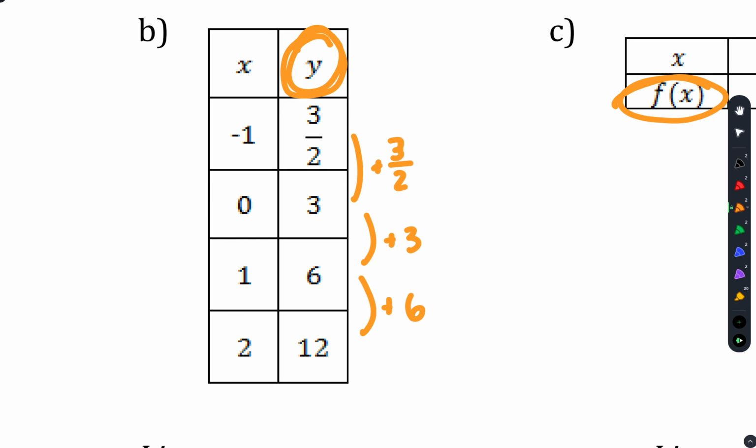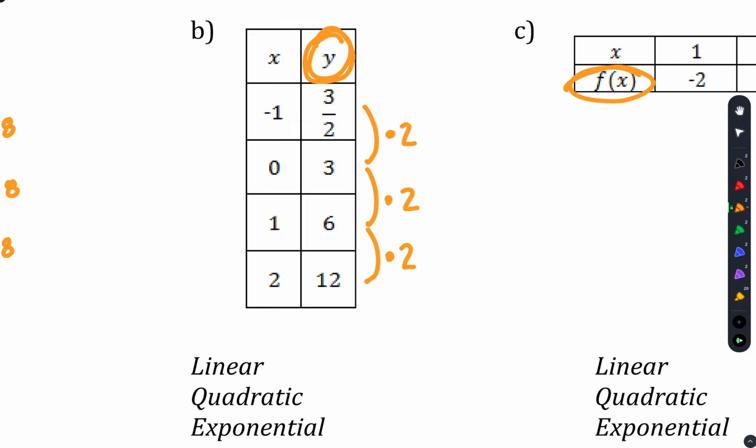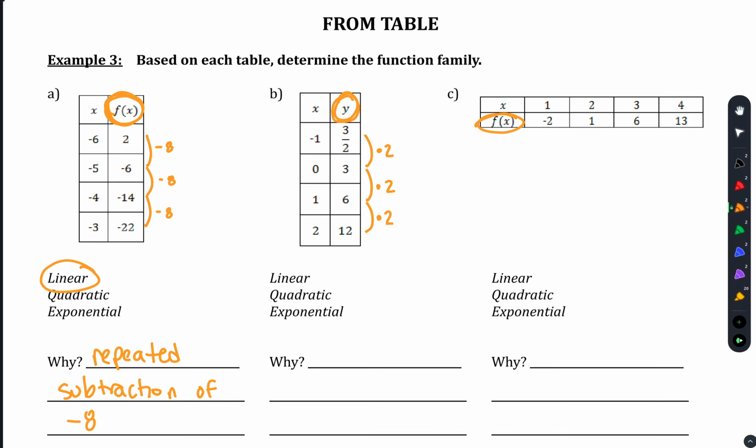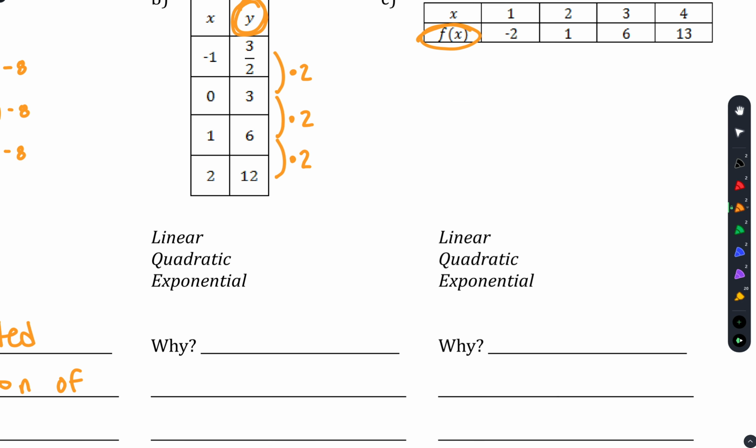So I got to try something else. The next thing I'm going to try is multiplication or division. What do we multiply by? Every single step we are multiplying by 2. So there is my pattern. When I'm doing repeated multiplication, what do I call that? Exponential.